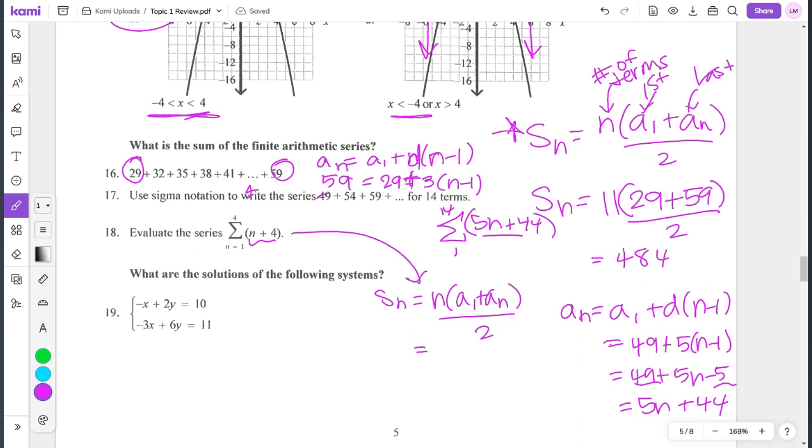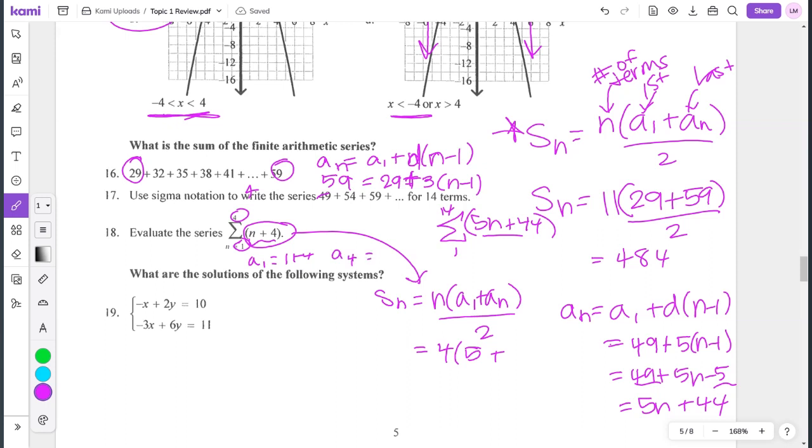I know the term numbers. I'm starting at 1 and stopping at 4, so that means I'm plugging in 1, 2, 3, 4. So that's 4 terms. First term, I plug in 1 to this expression. So 1 plus 4 is a sub 1. So 1 plus 4 is 5, plus the fourth term, a sub 4.